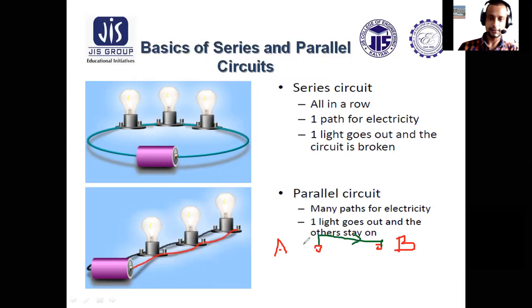Suppose you are at point A and you want to go to point B. Suppose there is one green path which you may follow to reach B from point A. Now suppose there is another path to reach B from point A. So this pink path is an alternative to the green path. In both cases you may reach B from A, but these two paths are different paths.